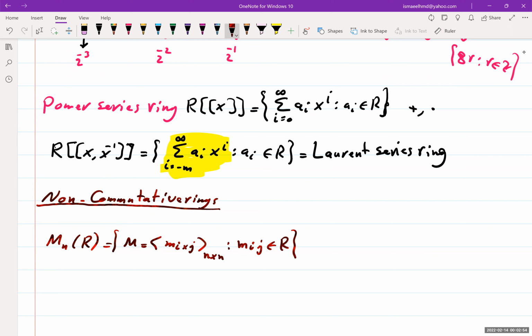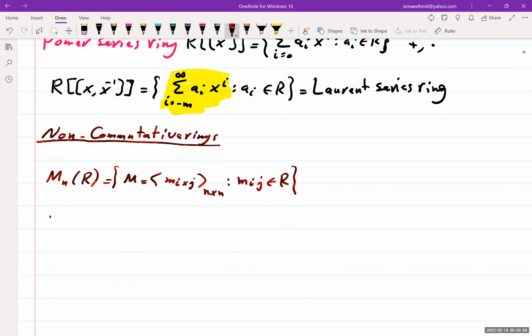Also, we have the quaternion ring H, which is the set of all elements like a plus b i plus c j plus d k, where a, b, c, d are real numbers.